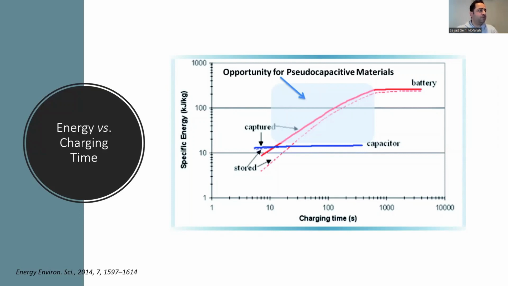In this type of energy storage device, we have low specific energy density, but the charging time is very quick, and it can vary from a few seconds to a few hundred seconds. If you look at this plot that shows specific energy versus charging time for supercapacitors, which is the blue line, if you change the charging time to, for example, a few seconds, that means you slow down the charging time.